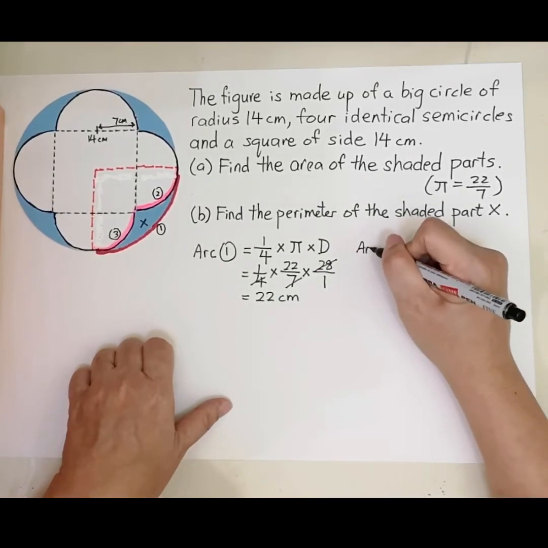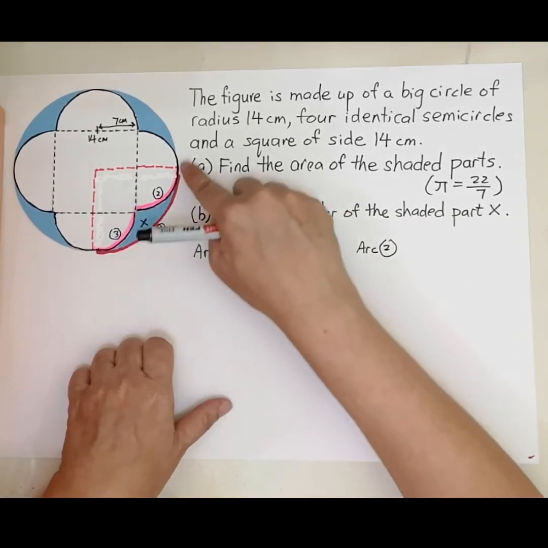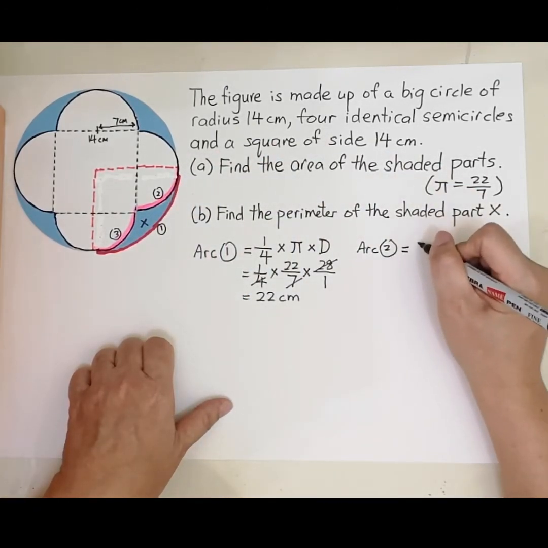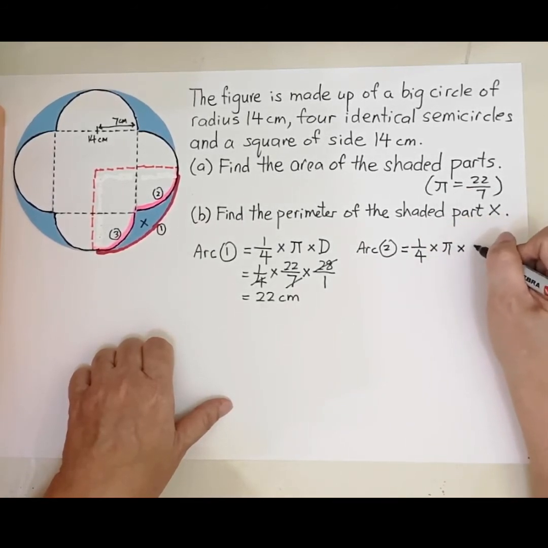Okay, let us find arc 2, the smaller pink arc here. As mentioned earlier, this is 1/4 of the circumference of the smaller circle.